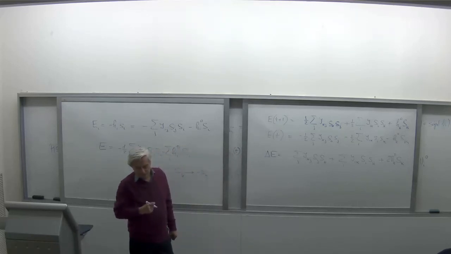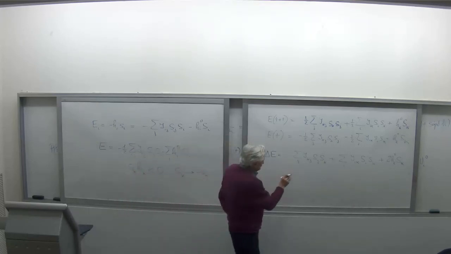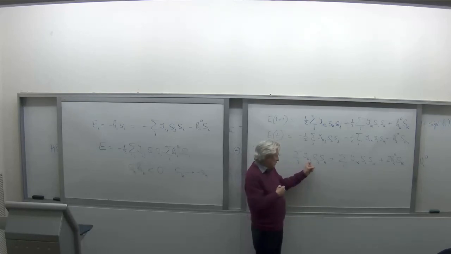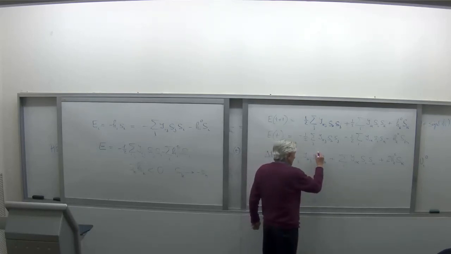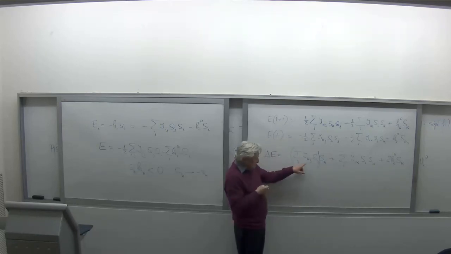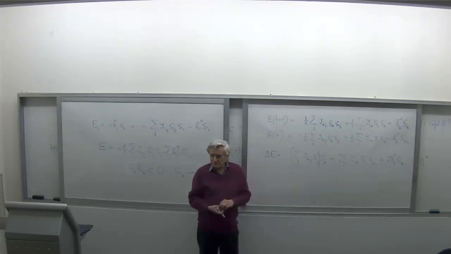Now, what do I have here? You see, this thing here, what does it look like? This is the field, the magnetic field, the interaction of all other neurons that neuron K experiences.